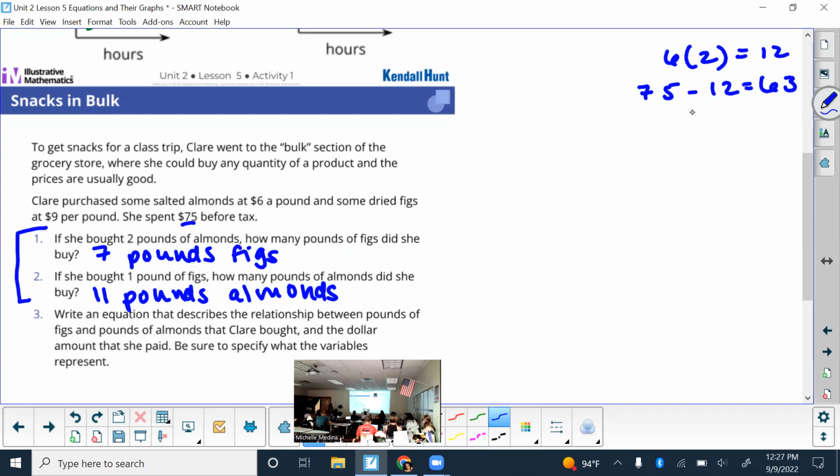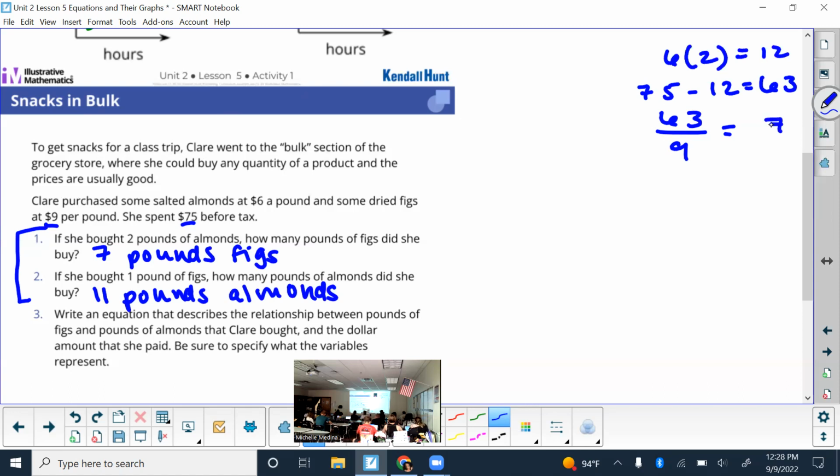And then what did you do? And divide by 9? Good, so we're solving for figs. At $9 a pound, we know she spent 63 on just figs, so divide it out, I get 7.